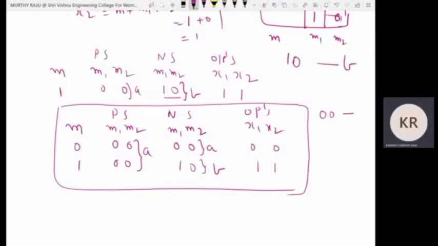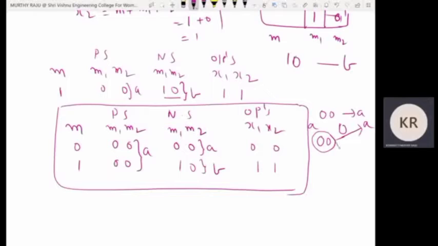0, 0 state. Flow graph is: whenever you are in a 0, 0 state, which is state A, input bit 0 is represented by a solid line and goes to state A, with output 0, 0.